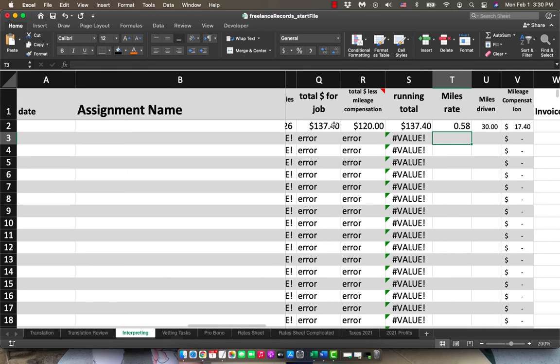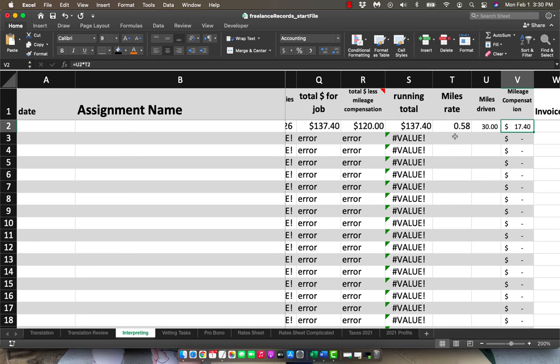I have total money for the job, but then total money less mileage compensation, because the mileage compensation I don't include in my taxes because I don't write off my vehicle. If they're paying me for miles, then it just doesn't end up being worth it for me personally to include my vehicle as an expense.